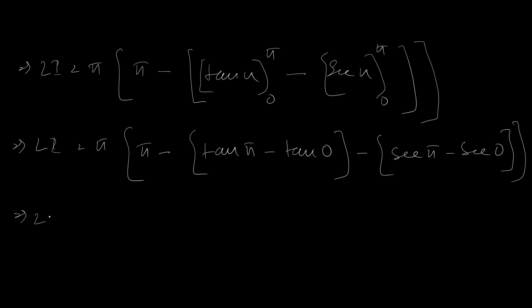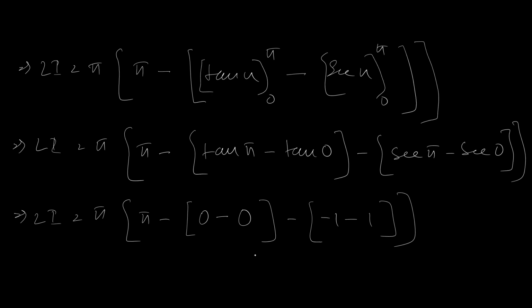So twice I is equal to pi minus tan pi, which is 0, tan 0 is 0, minus sec pi which means minus 1, minus sec 0 which means 1. So twice I is equal to pi minus 0, pi minus, this is minus 2.